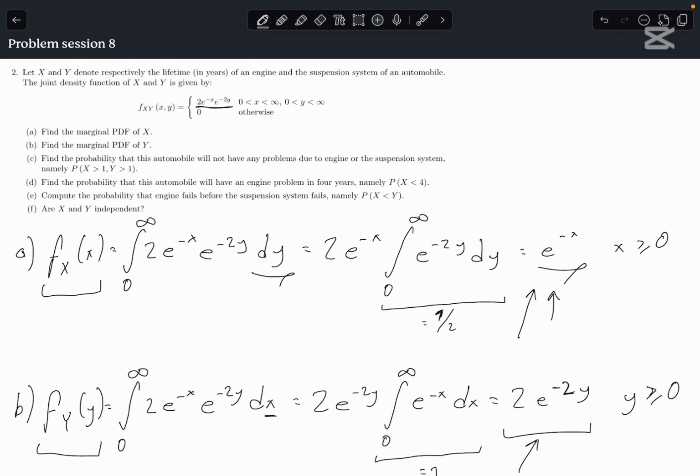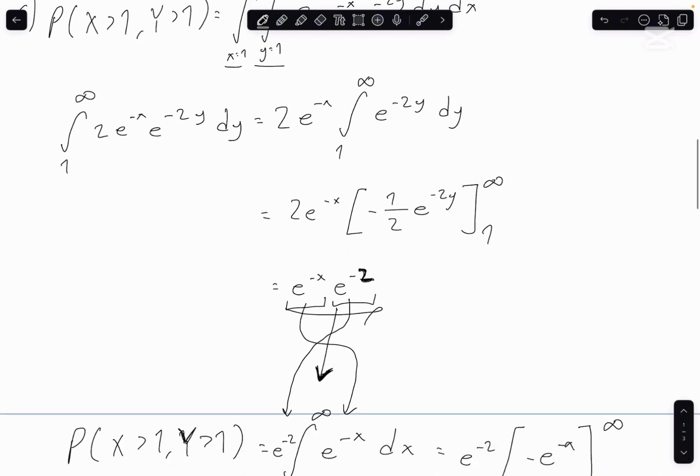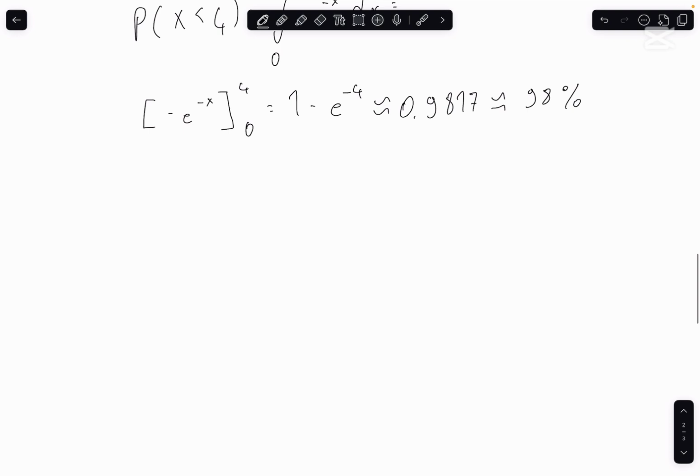Part E. Compute the probability that the engine fails before the suspension system fails, namely the probability of x less than y. Find the probability that the engine fails before the suspension. We have to find this one. We integrate the joint PDF over all x greater than or equal to 0 and y greater than or equal to x.